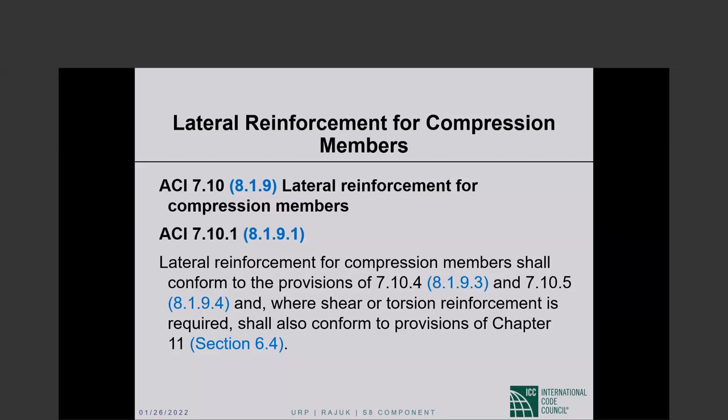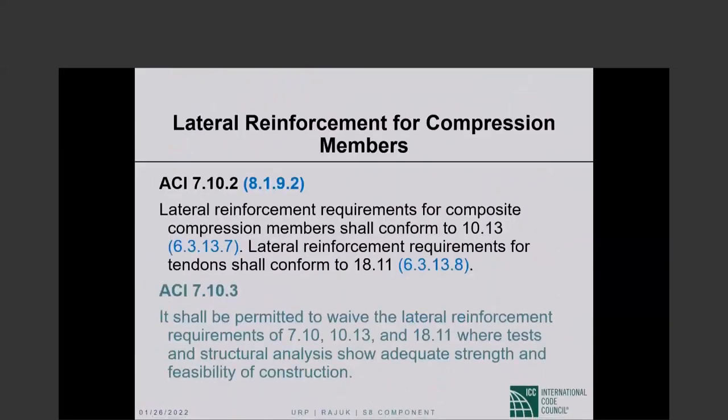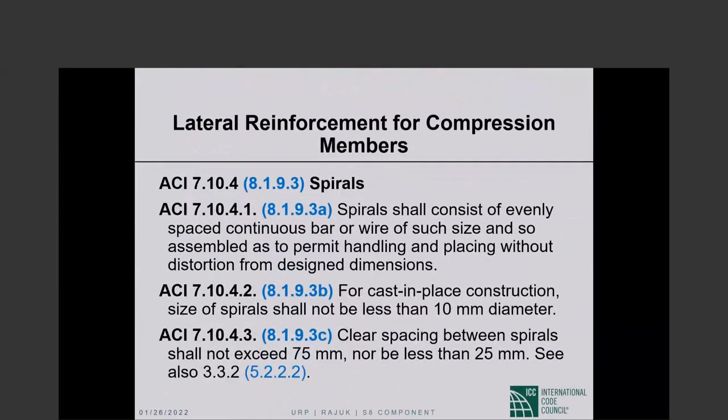So the transverse reinforcement in a column shall also resist shear and torsion. So the requirements of chapter 11 shall apply. Those requirements we will have to satisfy, and in addition, there are requirements here for transverse reinforcement in a column. Lateral reinforcement requirements for composite columns I will skip.